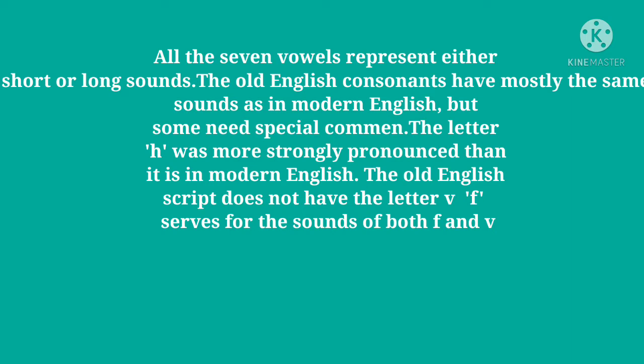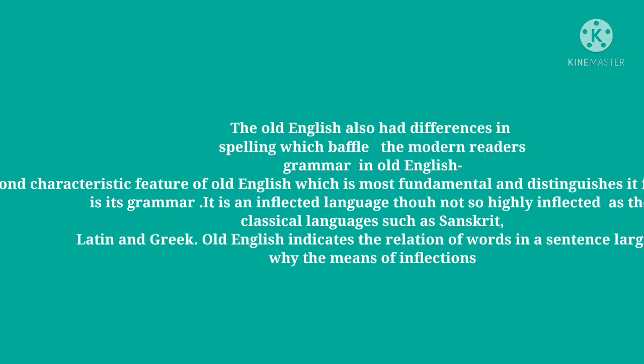The Old English script doesn't have the letter V. They eliminated the letter V, and the letter F serves for the sound of both F and V. That was the peculiarity of the Old English language. Old English also had differences in spelling which baffle modern readers.